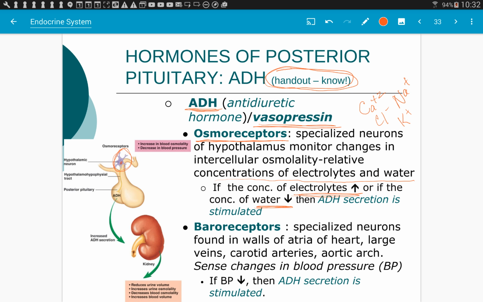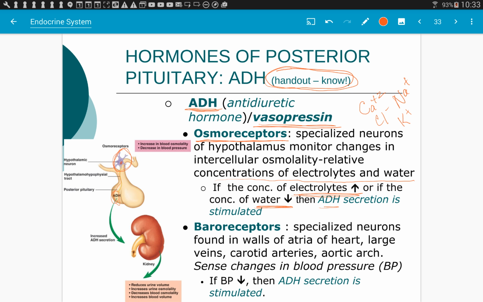So less water makes it seem like you have a higher concentration of solutes. So in either case, where you have an increased amount of electrolytes or a decreased amount of water, you're going to have antidiuretic hormone being stimulated to be secreted. And that is coming from your hypothalamus, which will then send the signal down to your posterior pituitary.